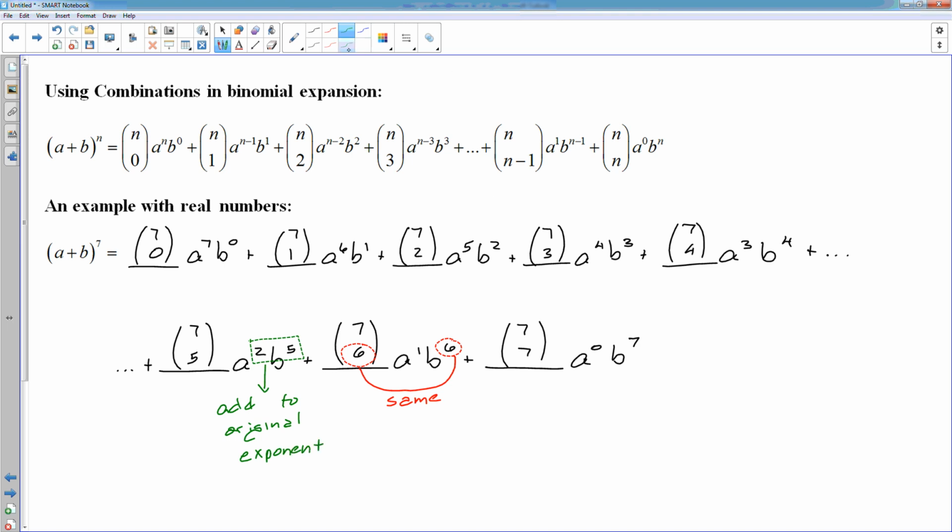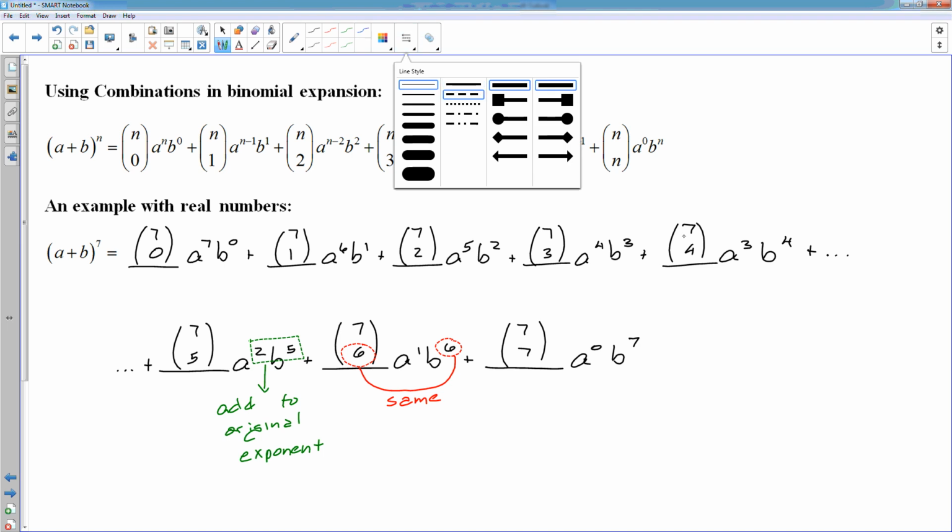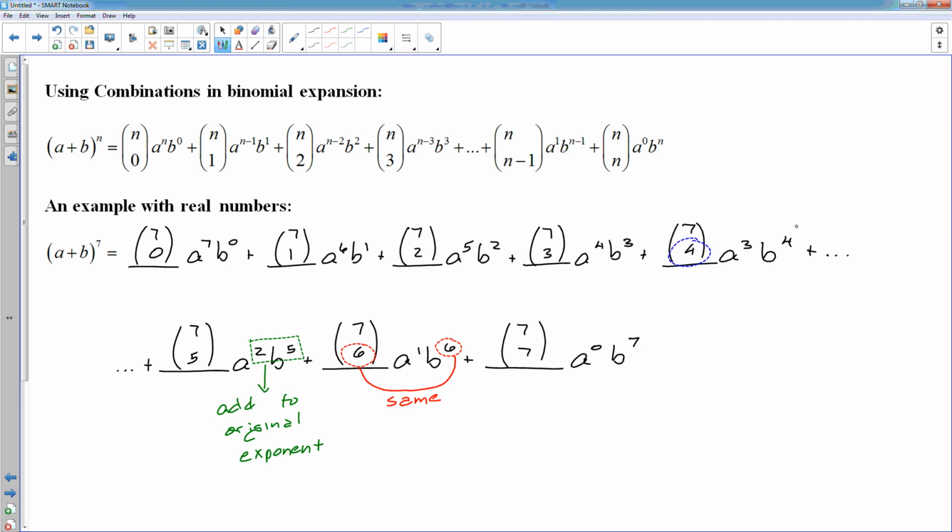And then the last thing is that this number on the bottom right here, which is the same as the exponent in b to the 4th, is always 1 less than the term number. And those are some patterns that you need to remember. And you'll see why in a little bit when we do real examples.